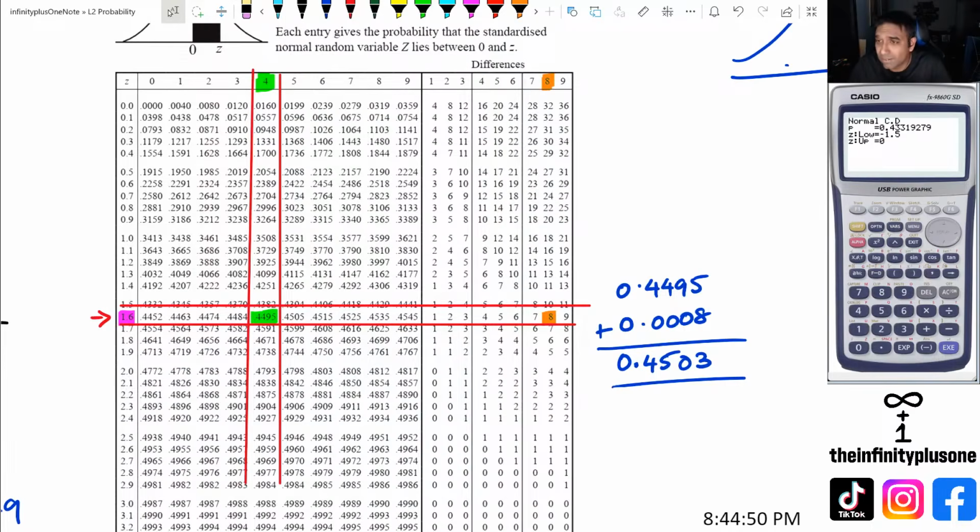Now, if we had this in the calculator, we just go into menu, stat. What is our lower? Our lower is going to be 0. Our upper is going to be 1.645. Standard deviation is 1. Mean is 0. Now, there is a little discrepancy. Oh, wait. Hang on. Did I do that right? 1.645.